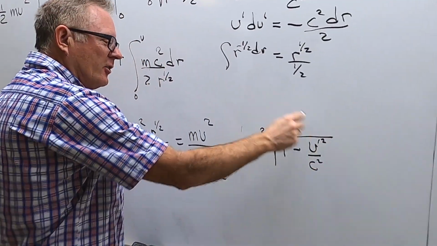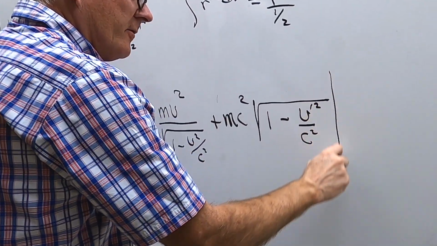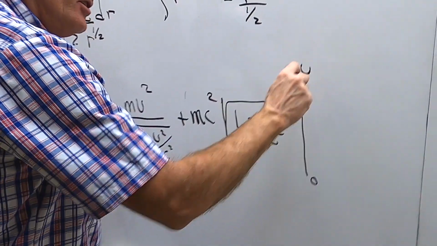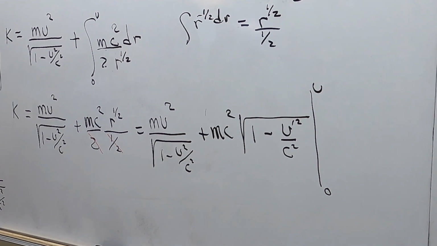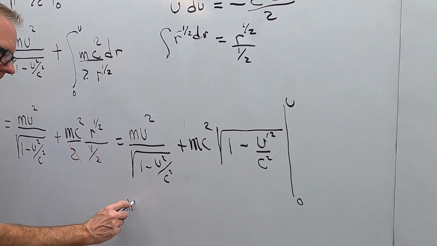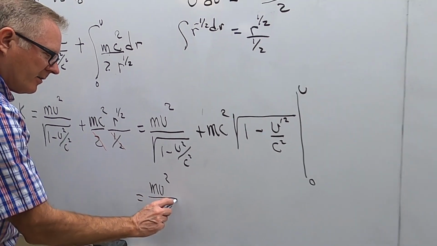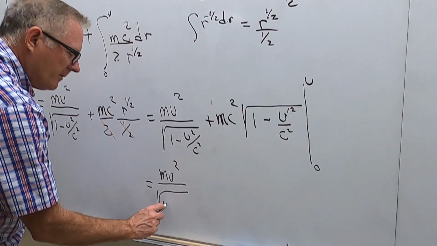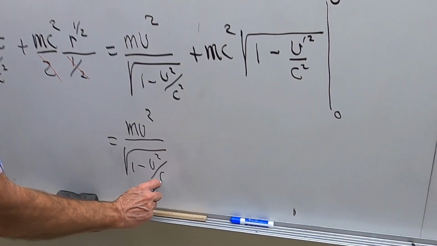And we haven't evaluated this. We have to evaluate this from 0 to u. Okay, so now we still got this first term, mu squared all over the square root of 1 minus u squared over c squared.